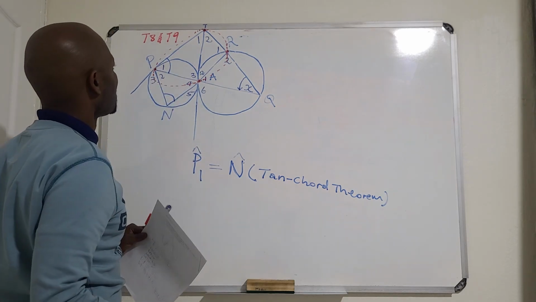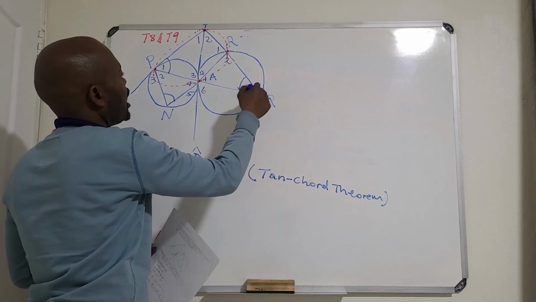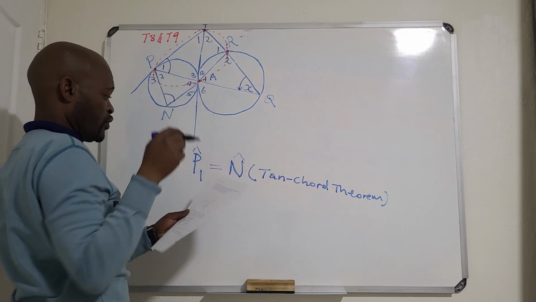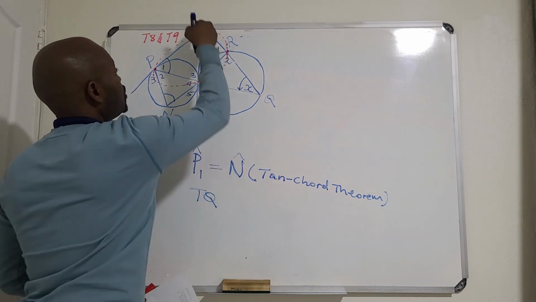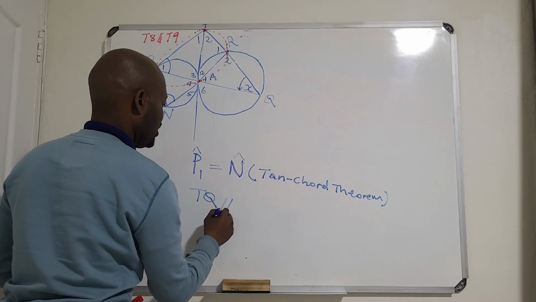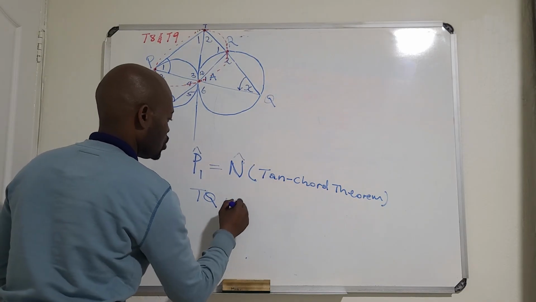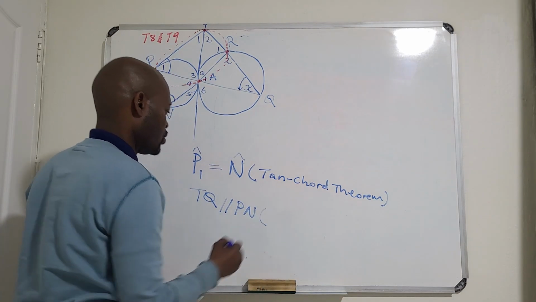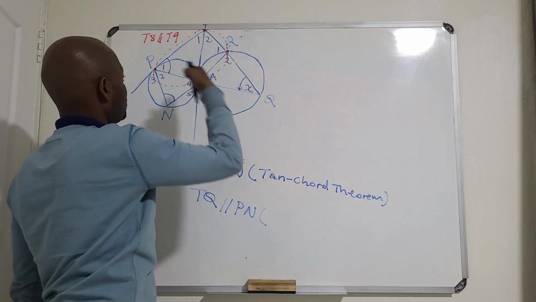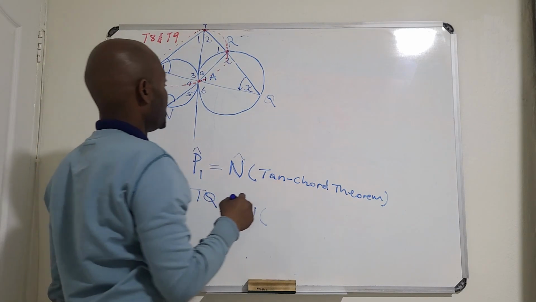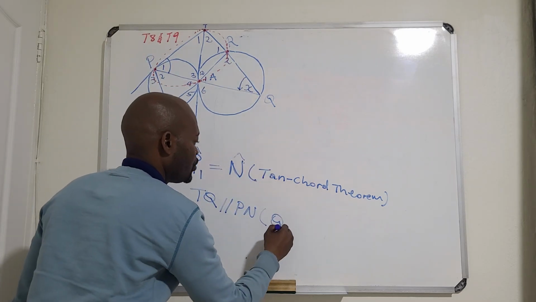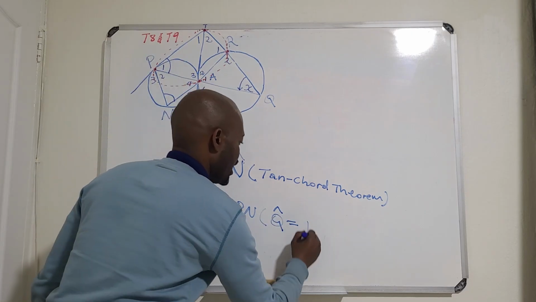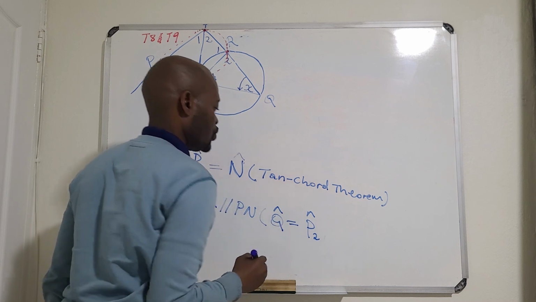Now, since we know that angle Q is equal to P2, we know from 8.1 TQ is parallel to PN. Why are we saying that? The reason for TQ to be parallel to PN is because angle Q is equal to angle P2.